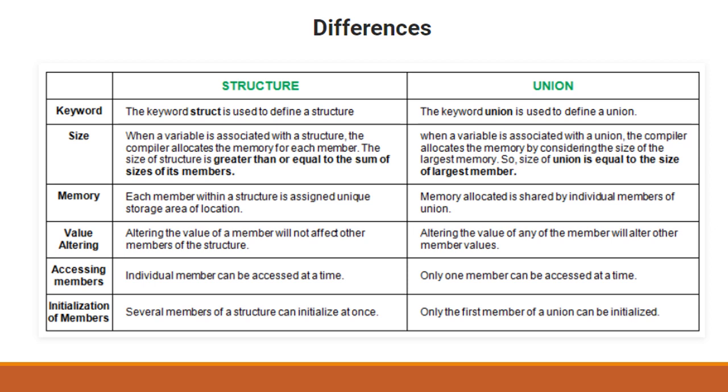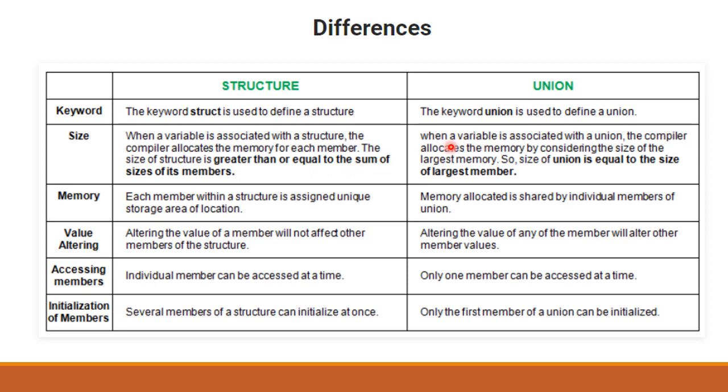Let's see the differences between structure and union. The first difference is in the keyword. The keyword struct is used to define a structure, whereas in unions, the union keyword is used to define a union. In size, when variables are accessed with a structure, the compiler allocates memory for each member, and the size of the structure will be greater than or equal to the sum of the sizes of all its members.